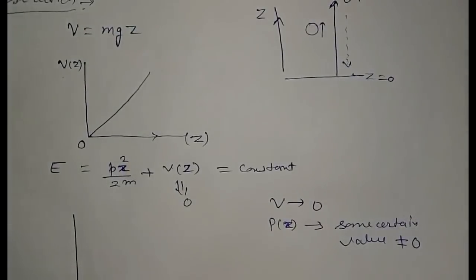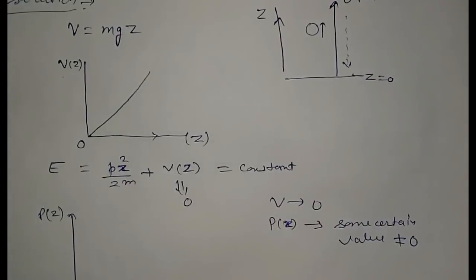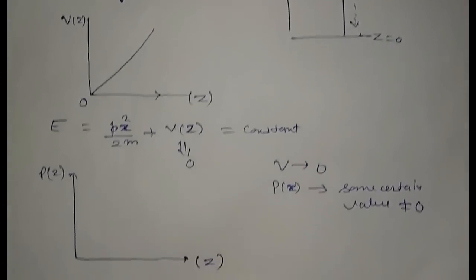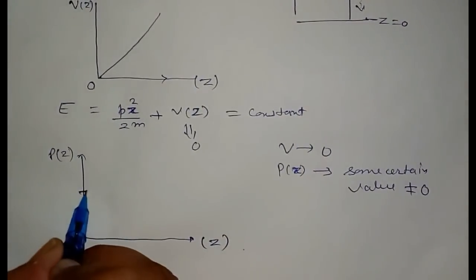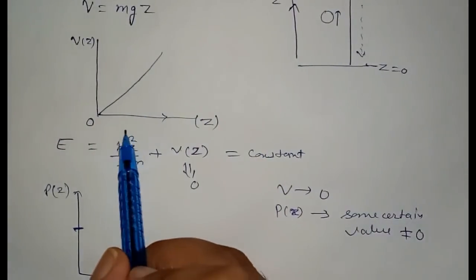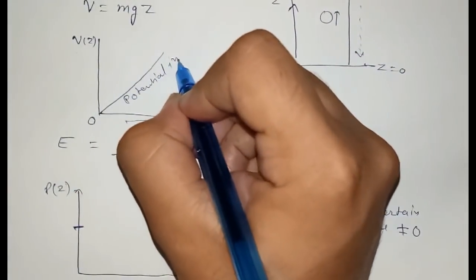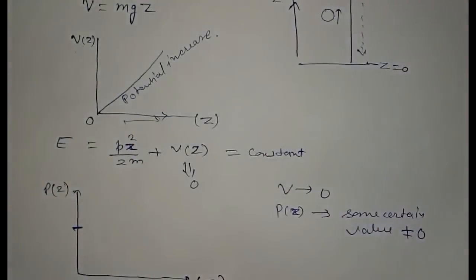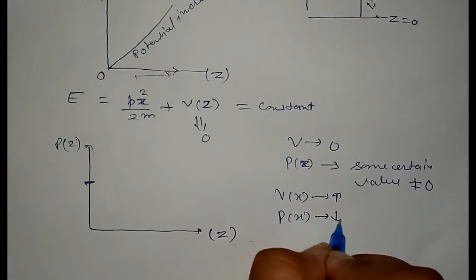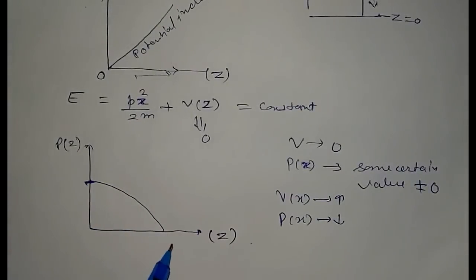In the graph, when potential is 0, the momentum has some certain value, and as potential increases with coordinate, momentum will decrease, and it turns into a decrease on the coordinate side.